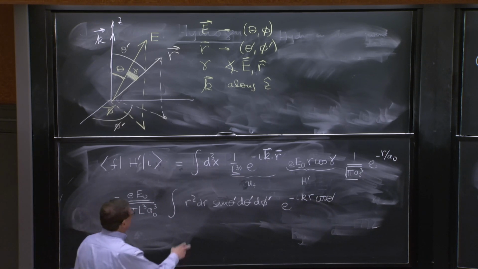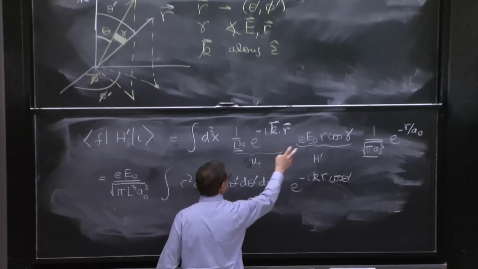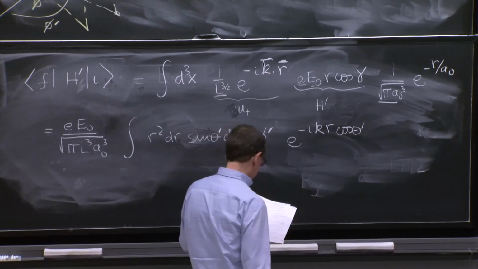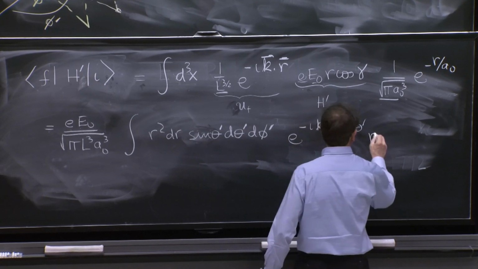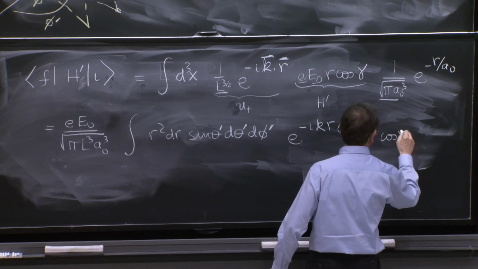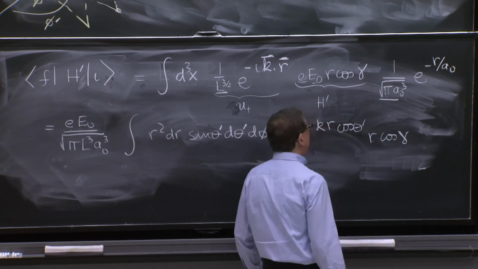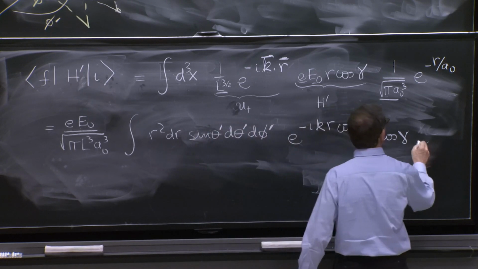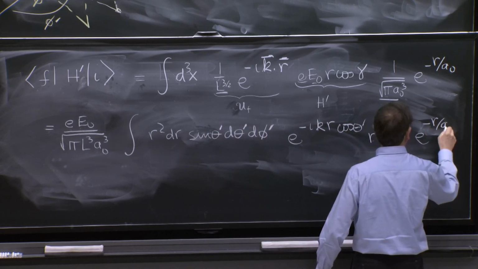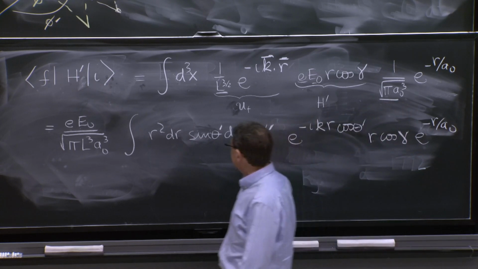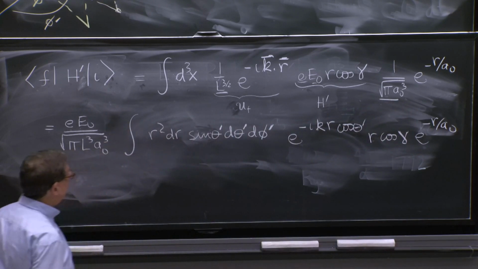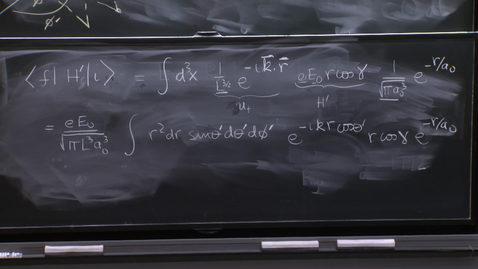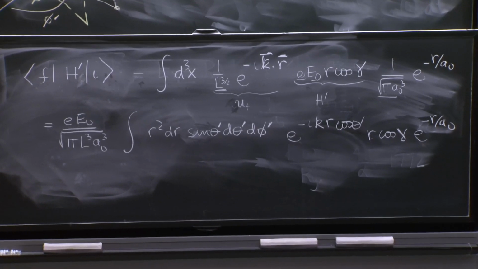Okay, we're progressing. That term is r cosine gamma. And the final term is not that difficult, e to the minus r over a0. Okay, that's what we have to do, an integral over phi prime, theta prime, and r.